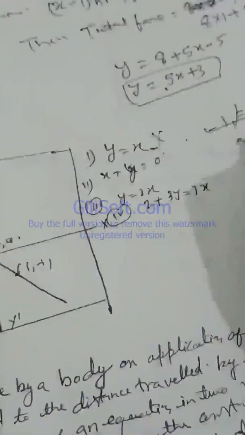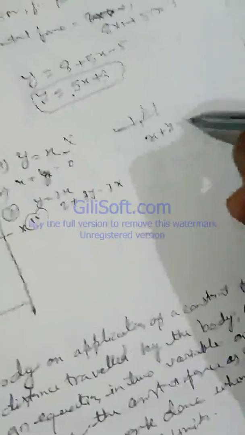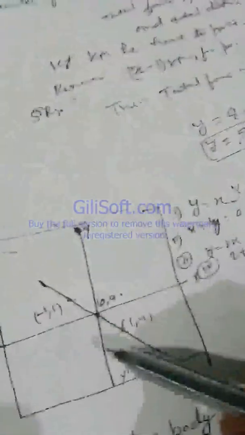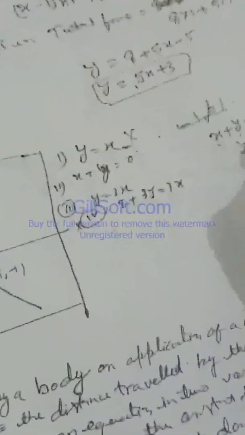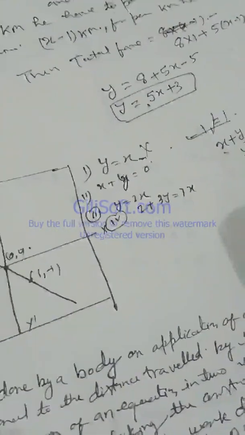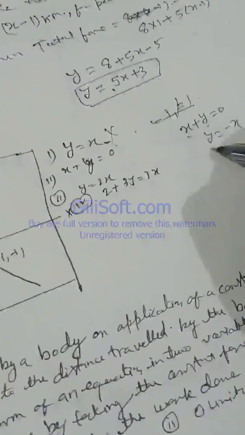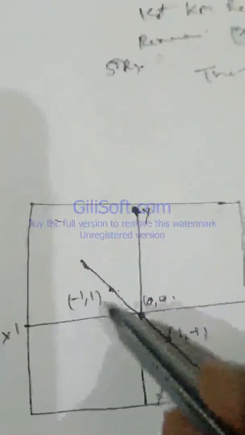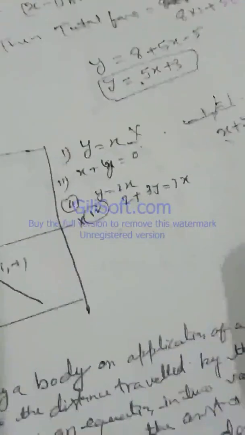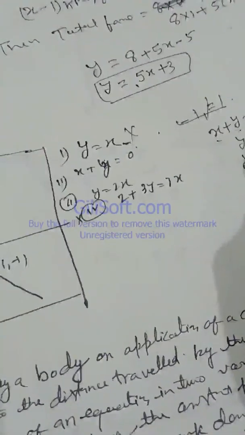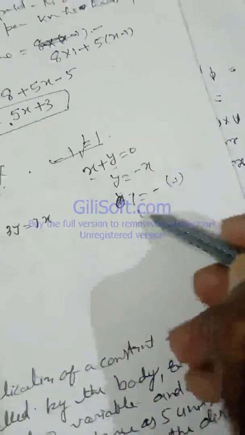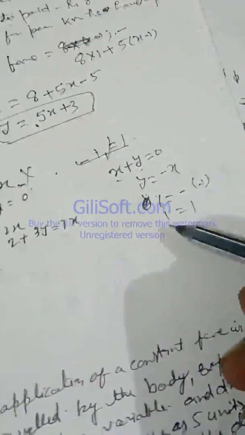so this is not true. Again, if we consider equation x plus y is equal to 0, if we put here 0 0, then it's satisfied. Look here, y is equal to minus x. If we consider this point minus 1 1, so y is equal to 1, also satisfied.